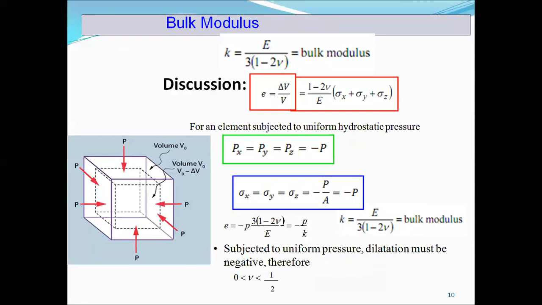Bulk modulus, this is the mathematical equation for the bulk modulus. The bulk modulus is represented by the letter small k. It is equal to E by 3 times 1 minus 2 mu. We call this the bulk modulus because in the equation you see the Young's modulus and Poisson's ratio, which are the mechanical properties of the material.